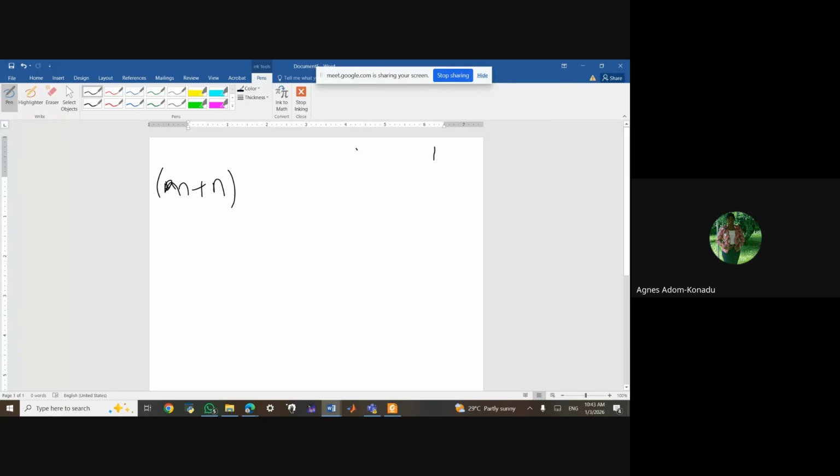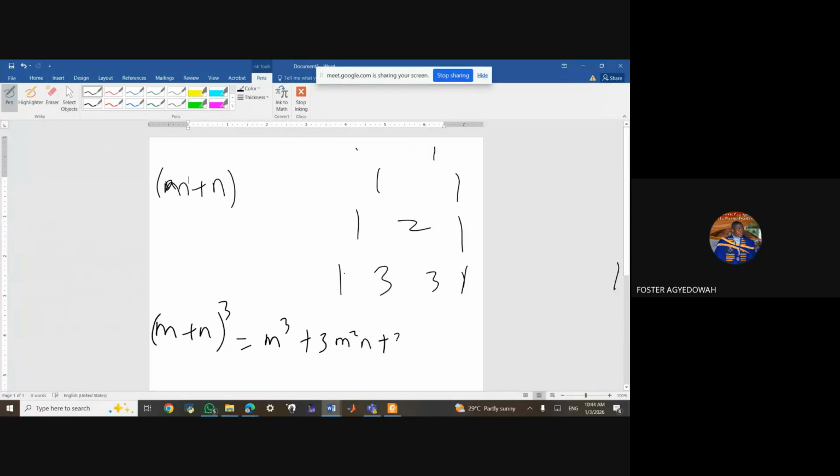To the power 1, it is 1, 1. Power 2, it is 1, 2, 1. Power 3 is 1, 3, 3, 1. So if I have m plus n to the power 3, this will give me m to the power 3 plus 3 times m squared n plus 3 times m n squared, then plus n to the power 3. N cube, yes.